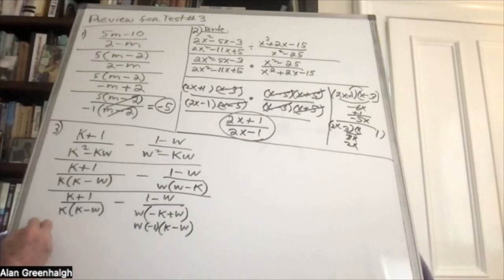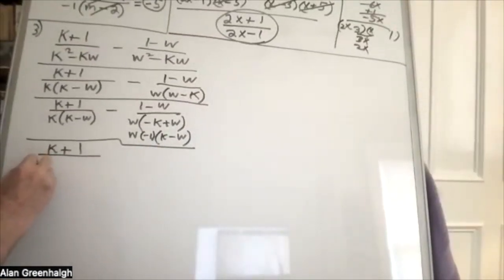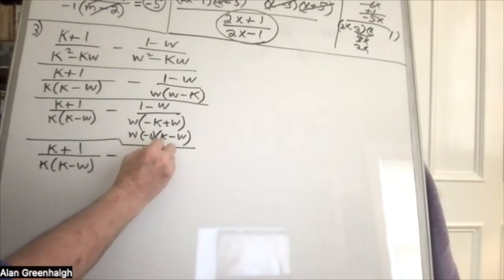So this problem now becomes K plus 1 over K times K minus W, minus 1 minus W over.